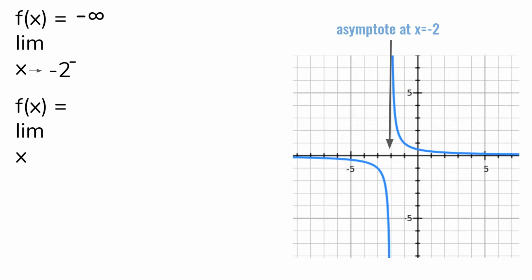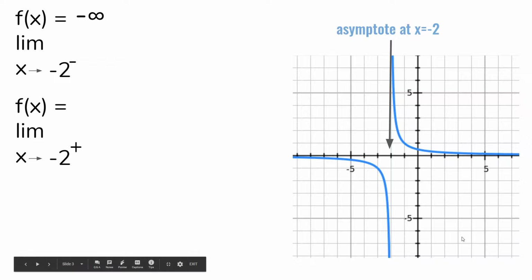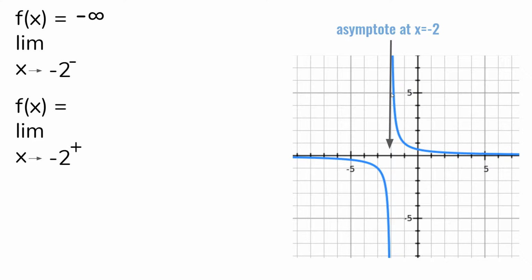Now we ask ourselves, what is f of x approaching as x is approaching negative 2 from the right side? We follow this line here, and we can see that the y values are increasing and increasing, and that would mean that f of x approaches infinity as x approaches negative 2 from the right side.